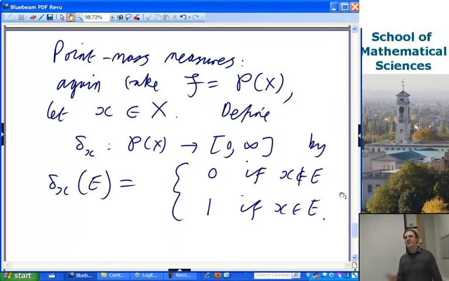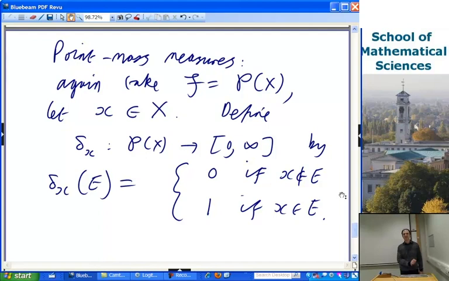Now, does that formula look familiar, and what does it remind you of? What we would call the delta function. Okay, so first of all, it is exactly going to correspond to the delta function. In fact, integrating against this measure, if you do measure and integration, gives you exactly the same results as integrating against the delta function.